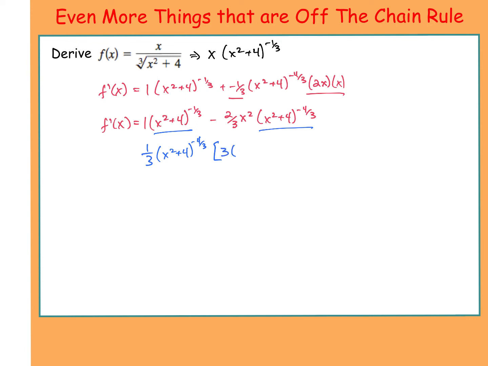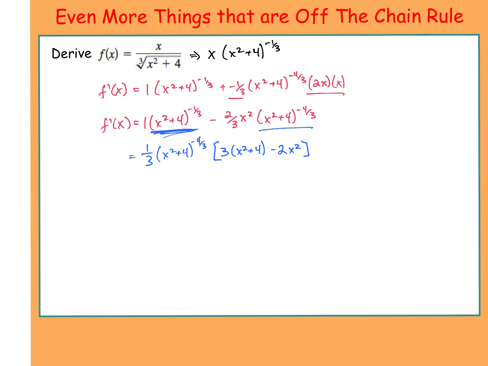And then I'm left with x squared plus 4 to the power of what here? If I factored out a negative 4/3 from a negative 1/3, that's left with a power of 1. All right, and that's the whole reason behind why we do it. And then if I factored out a 1/3 from a negative 2/3, I'm left with negative 2. And then I still have this x squared chilling.